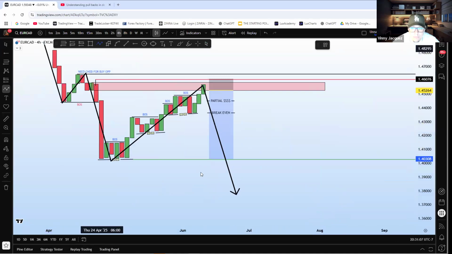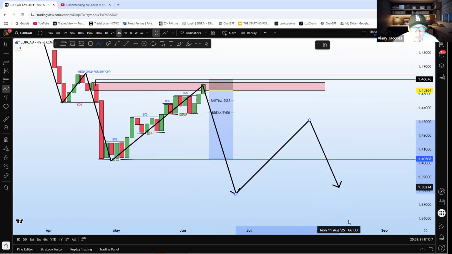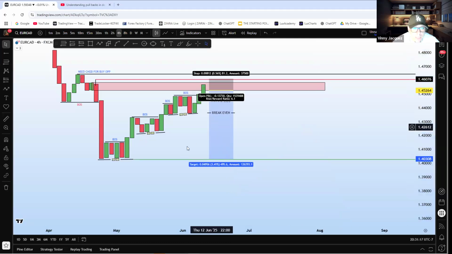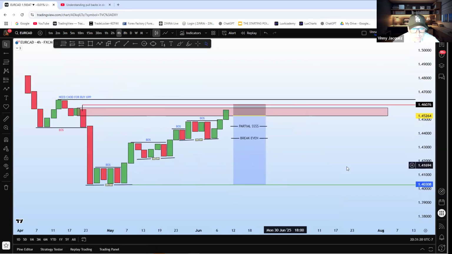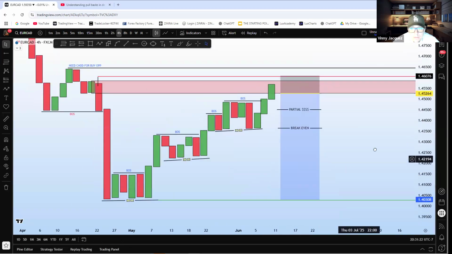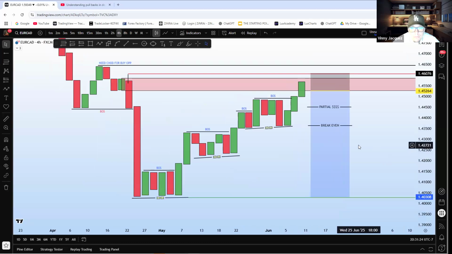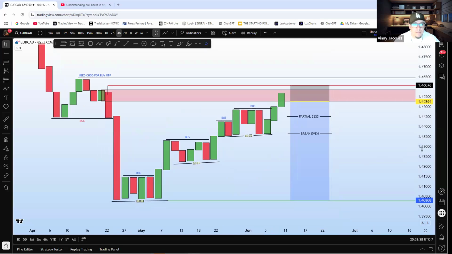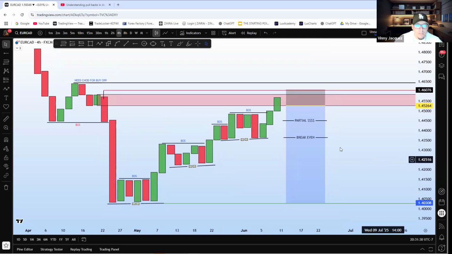New lower low, new lower high, same thing. We rinse and repeat. Does that make sense? That is why I would like to hold this to this dominant low. Give me a 10 if that makes sense. Awesome. Let's go.